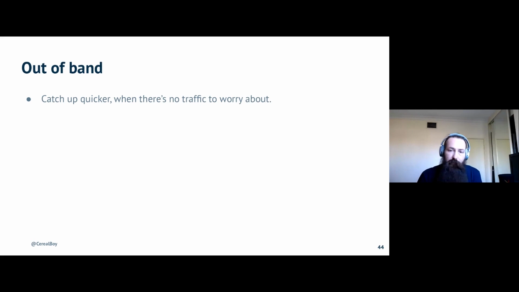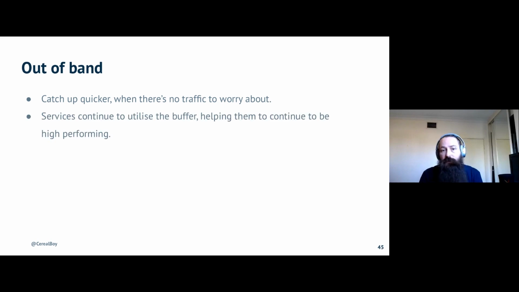So for the out-of-band, you can catch up a lot quicker, so you can get back to a proper state of normality. You can always throw more compute at pushing through a queue, which of course might then cause further outages downstream, but that's something that you can manage on each individual scenario.